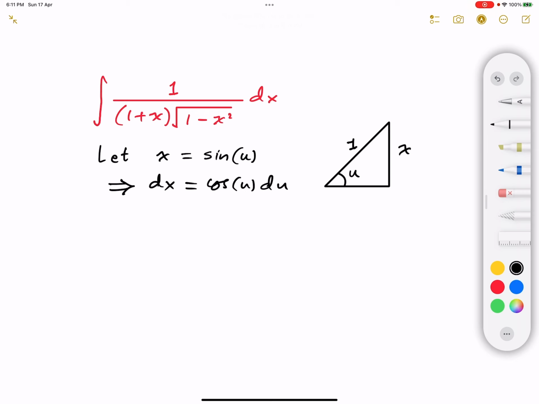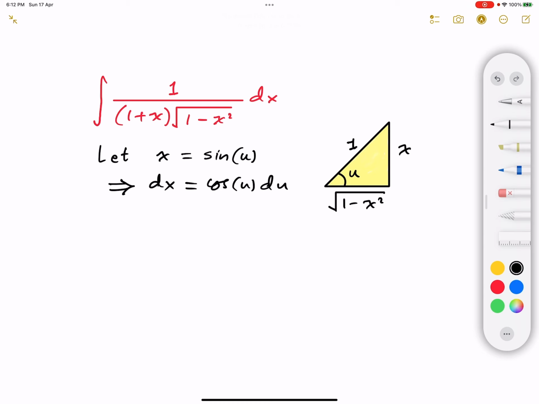So that makes the adjacent equal to the square root of 1 minus x squared. Let's highlight that in yellow so that we can get back to it easily. So this is our right triangle and this is u, and we can get everything from this right triangle.